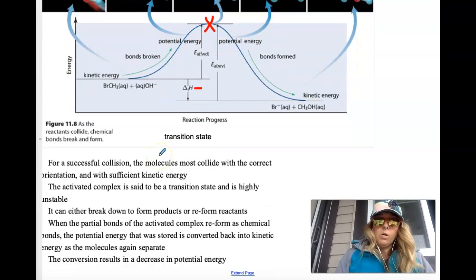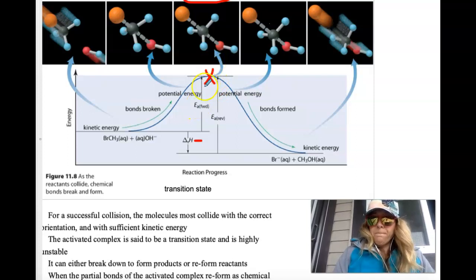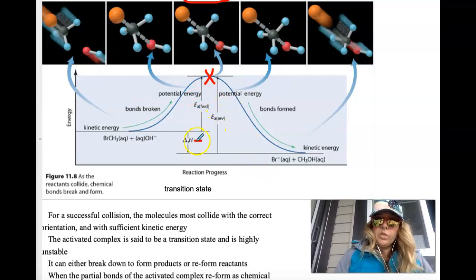Okay, so things you should be able to get out of a graph like this. You need to be able to recognize where is that activated complex or transition state. You should be able to recognize where is the activation energy of the forward, where is the activation energy of the reverse, and how do I go about determining what is the delta H for my reaction based off of the information that I have.